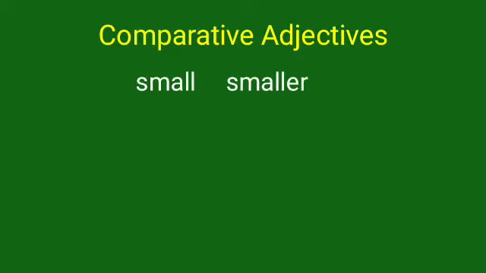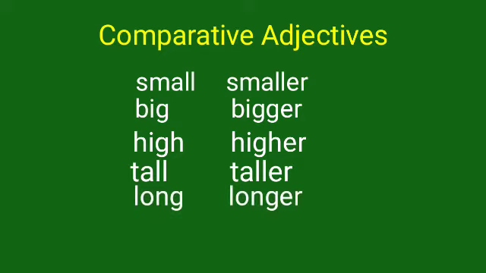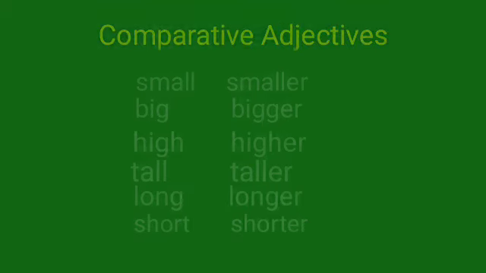Small, smaller, big, bigger, high, higher, tall, taller, long, longer, and short, shorter. So the words smaller, bigger, higher, taller, longer, shorter, these are all comparative adjectives, and all of them end with ER.